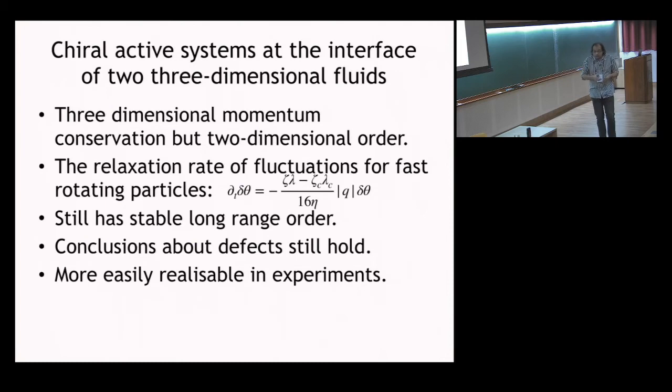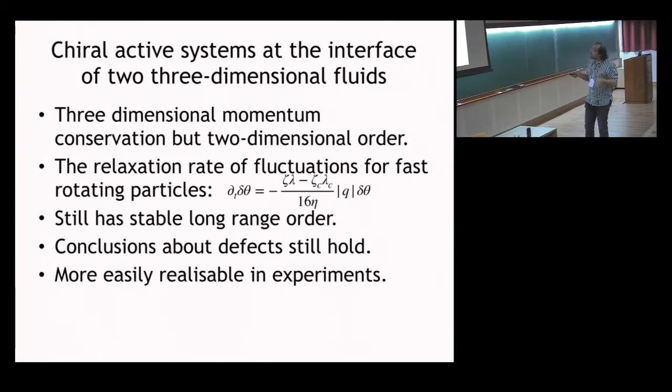So I was talking about two-dimensional momentum conserved fluids, which is kind of difficult to realize in experiments in a sense. However, you can talk about a slightly different system, which is a layer at the interface of two three-dimensional fluids. And even in this case, Simha-Ramaswamy instability would have still operated for achiral systems with a slightly modified form of mode structure.